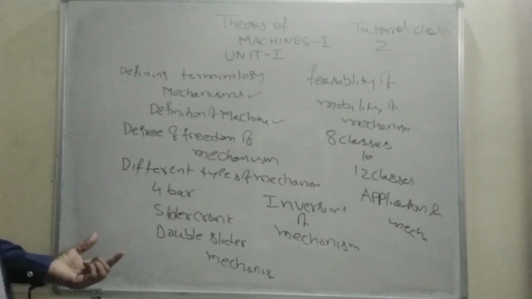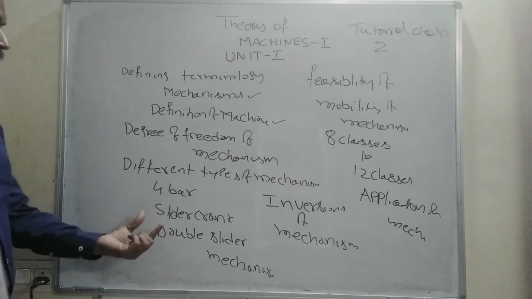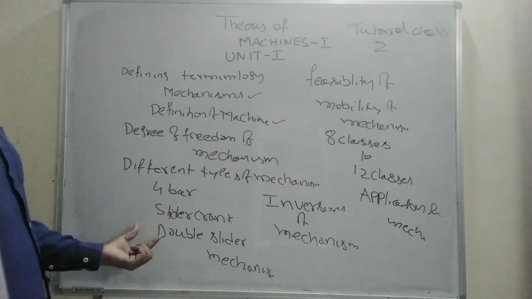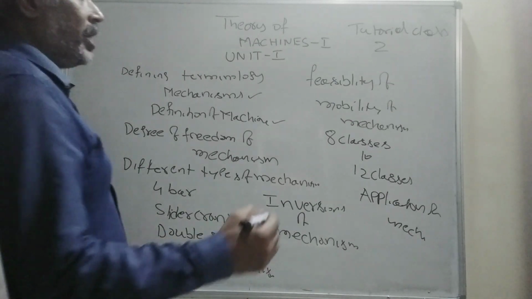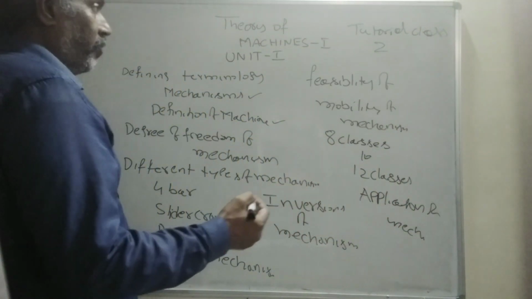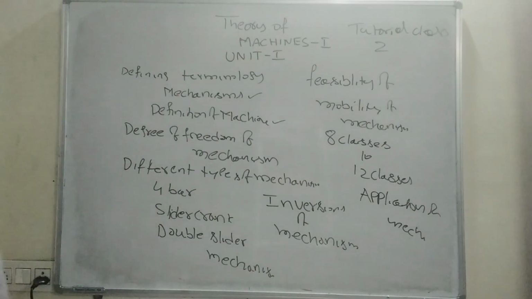In these 2 tutorial classes, we will be solving the problems of inversions of mechanisms and time ratio, forward stroke, return stroke, something like that, and then we can solve numerical problems.